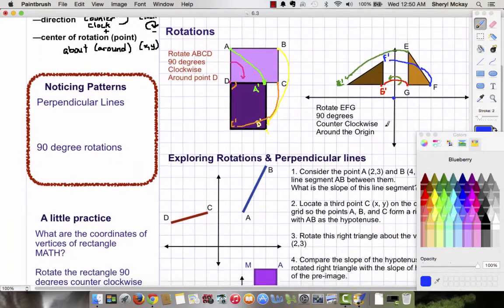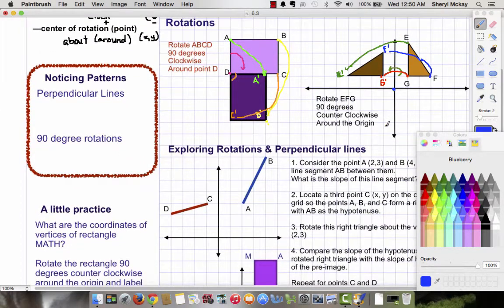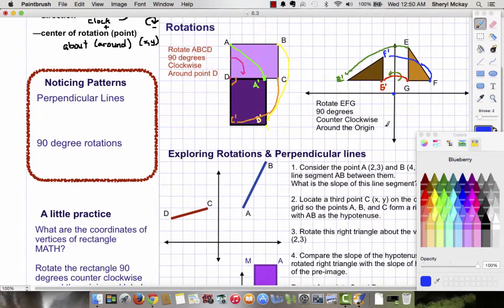Now, I want to show you a new way that we can actually think about rotating things without having to move papers, and we can always do that. We can take a transparency or tracing paper, and we can actually rotate it around by holding it down at the specific point.